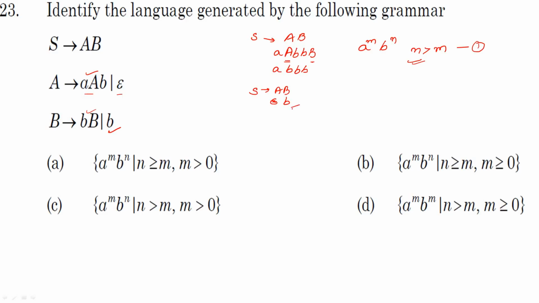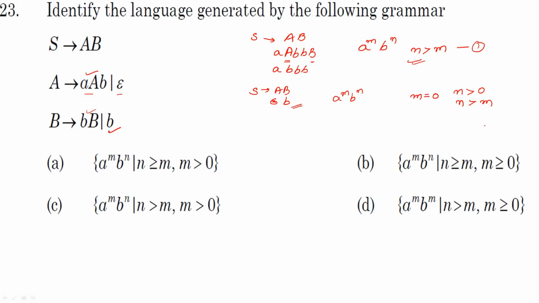If we write it in the form of a to the power m, b to the power n, then we have m equal to 0 and n greater than 0 here, and here m greater than 0 and n greater than m.